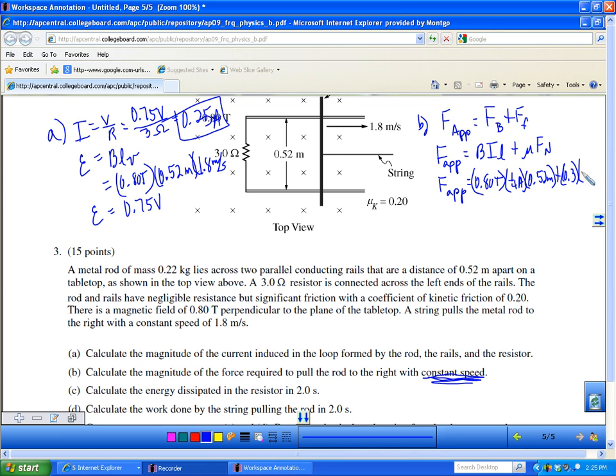I would multiply, because I'm running out of space up there, 0.22 times 9.8, and I would get 2.156 newtons for my weight, my force normal. So then my force applied would be the sum of those two, and I got 0.54 newtons for my force applied.